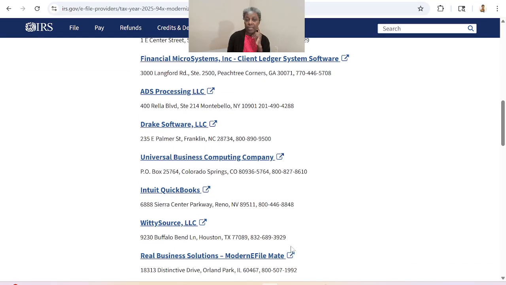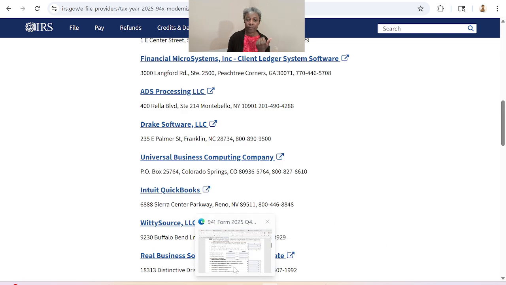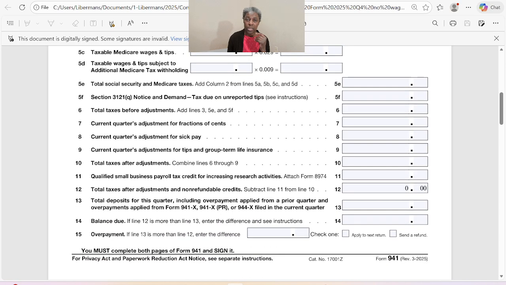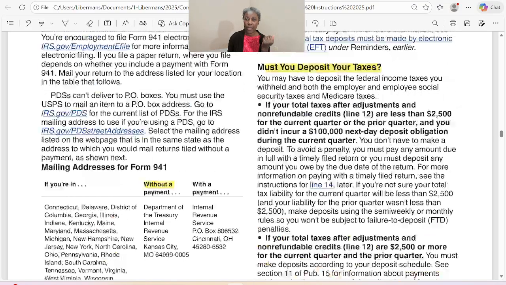And I think if you are using QuickBooks for your accounting software, maybe you might want to go that route. I'm just showing you how you complete the form. If you want to mail it, you will print it out and mail it, and that is how you will complete this form and mail it to the IRS.